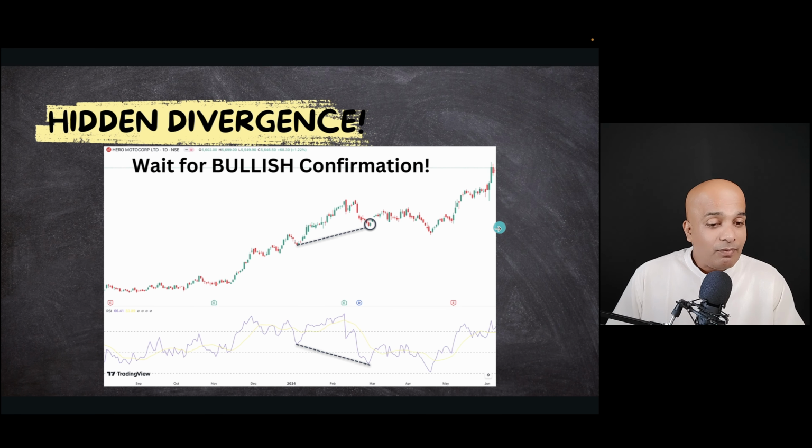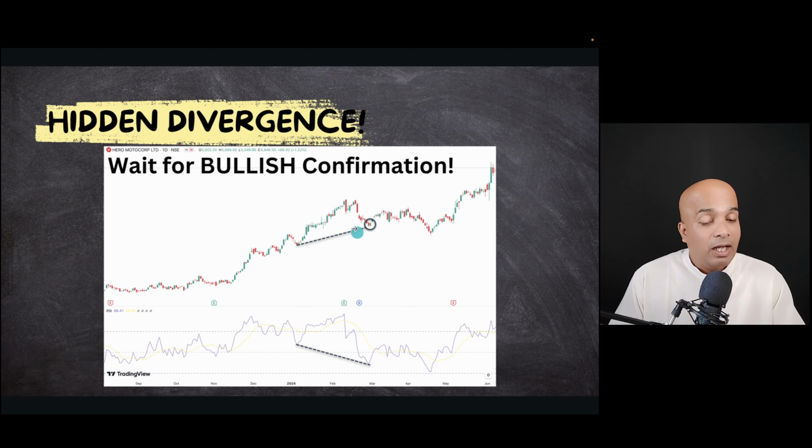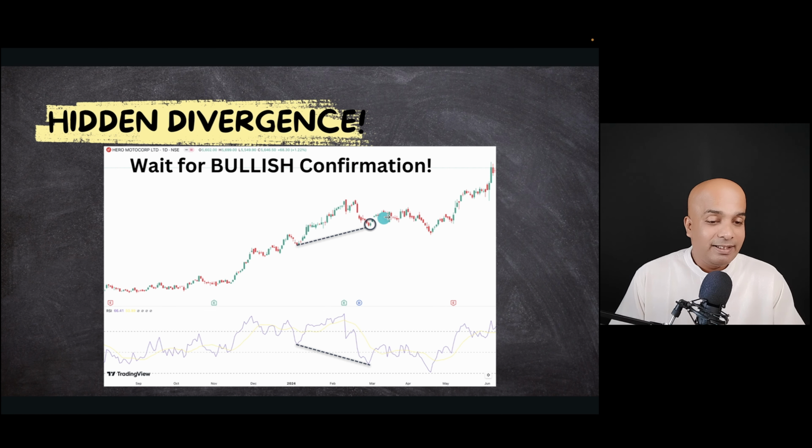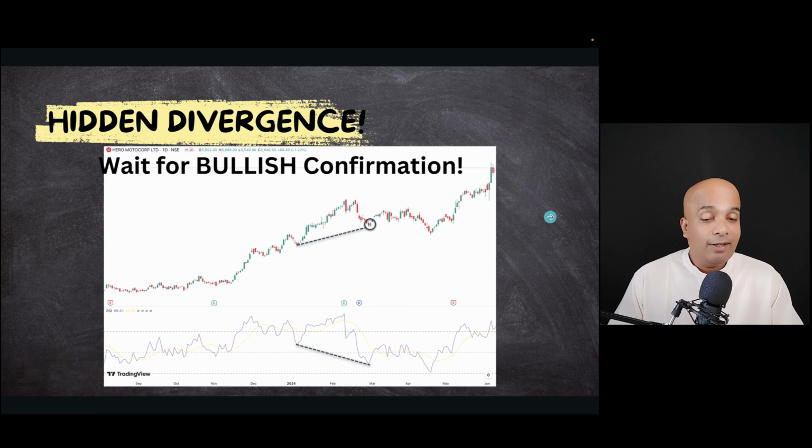You need to wait for a bullish confirmation, then only you can plan to take a long trade. In this case, it came down, it might have taken your stop loss and went upside. That's a different story. Losses and profits will be there in every trade, but you need to wait for a bullish confirmation to take a long trade.